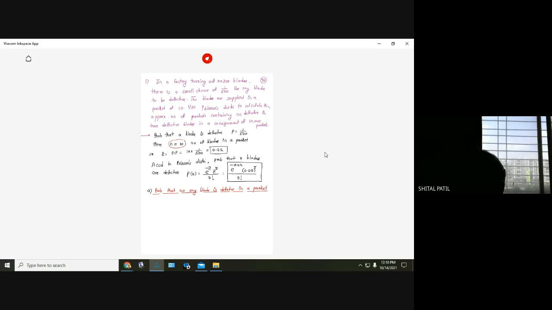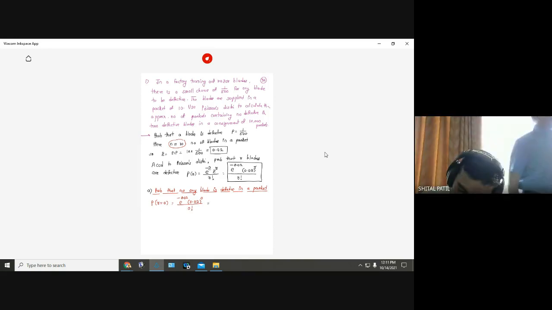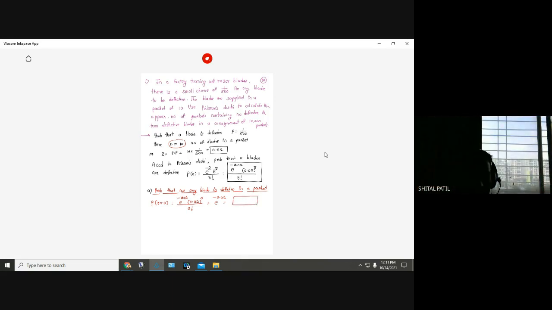So the probability of r defective, but r is equal to 0 here. So e raised to minus 0.02, 0.02 raised to r divided by r factorial. So e raised to minus 0.02. How much is this?